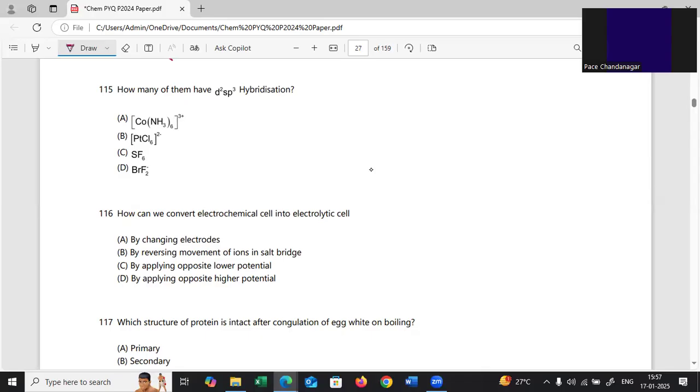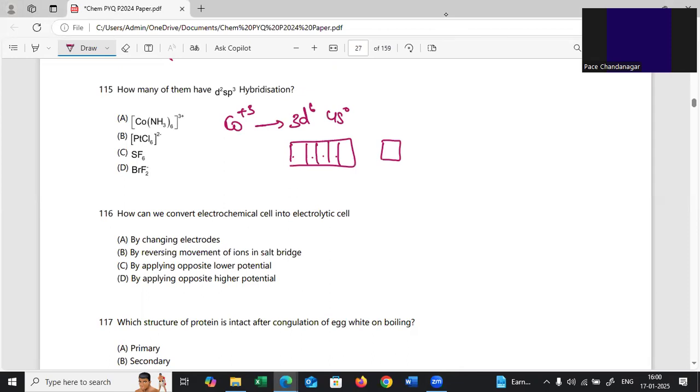One second, my pen is stuck. Let us look at cobalt. Cobalt will be +3 here, okay, so it would be my 3d6, with 4s having 0. 1 2 3 4 5, yes, 4s has 0, and we have ammonia coming up, 3d6 first, 1 2 3 4 5 and 6.